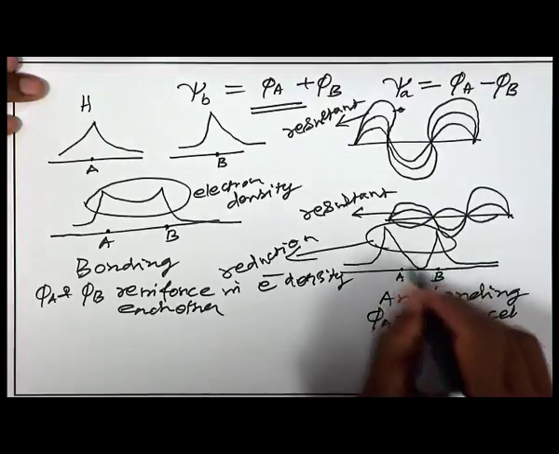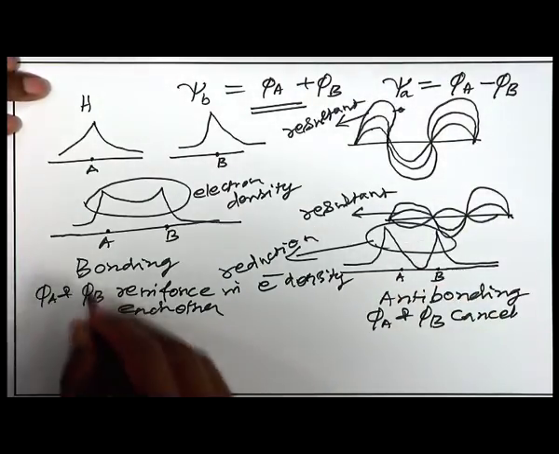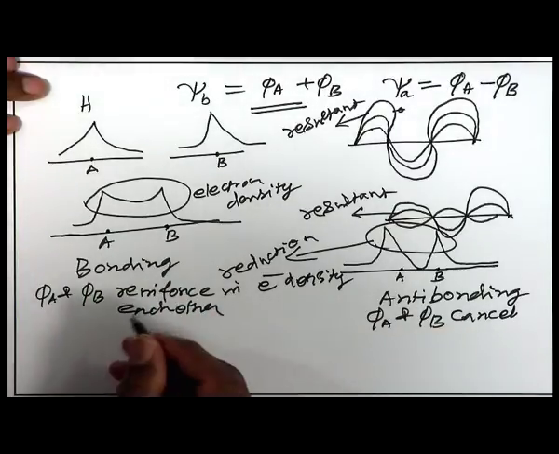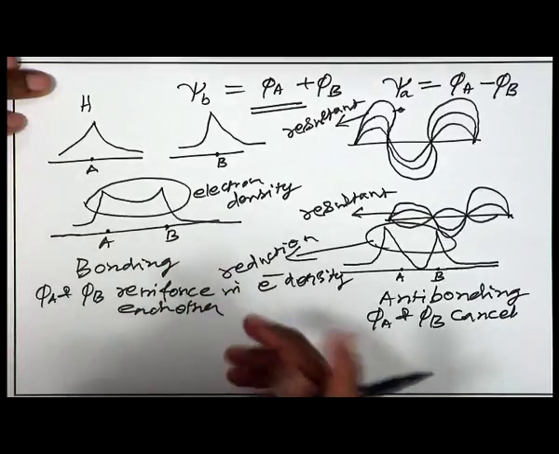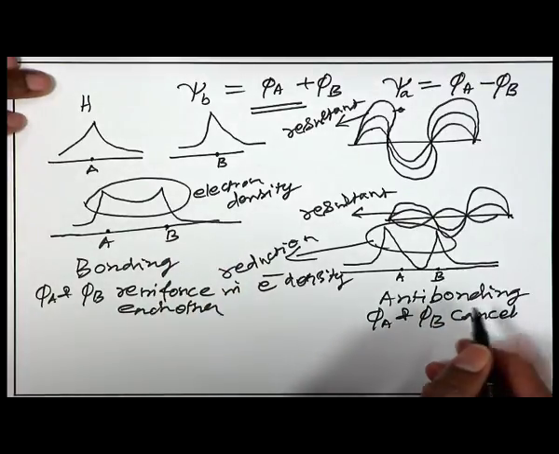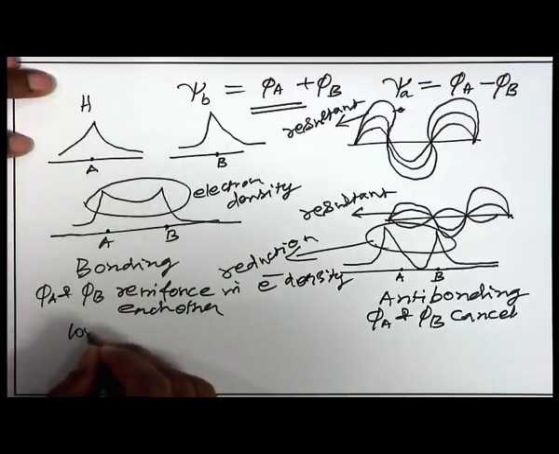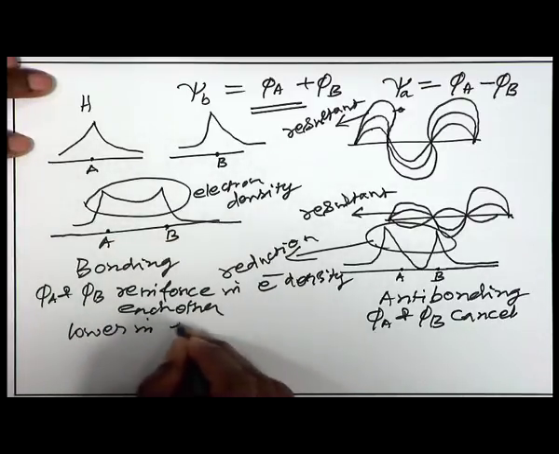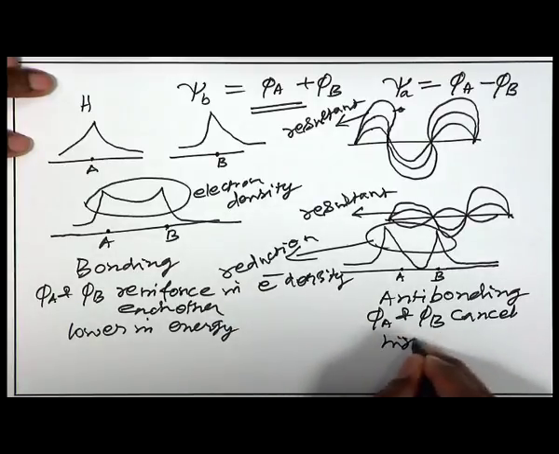As a result, there is a reduction in electron density between the two nuclei. So, this situation is bonding, this is antibonding, and here the electrons are attracted mutually. Here electrons are not attracted mutually, that is why higher energy. So, this is lower in energy, this is higher in energy.